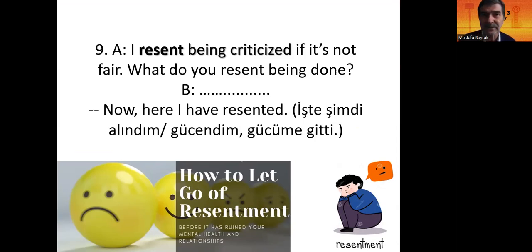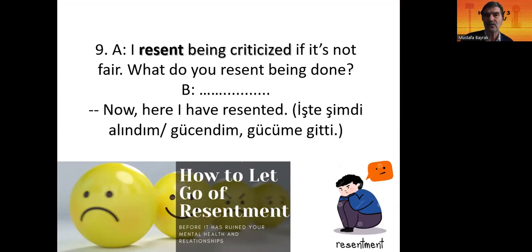Resent means this, okay? It also takes gerund, like enjoy. I resent being criticized, if it is not fair. Everybody resents being criticized if it is not fair, if it is not just.